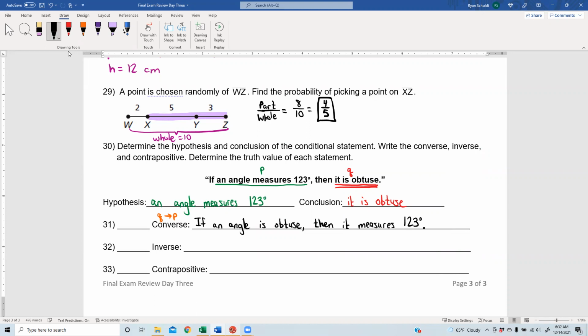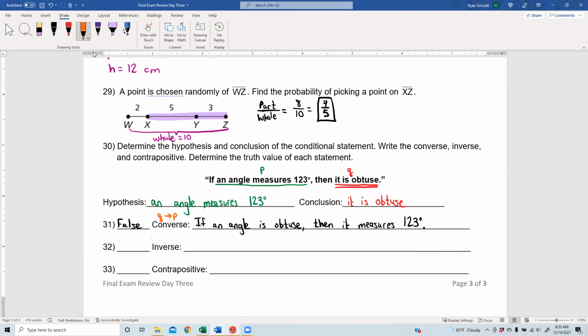So what do we think? True or false? If it's obtuse, then it has to be 123 degrees. That's definitely false. It doesn't have to be 123 to be obtuse. So no. Wrong. It's false.